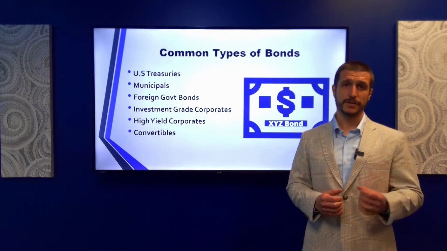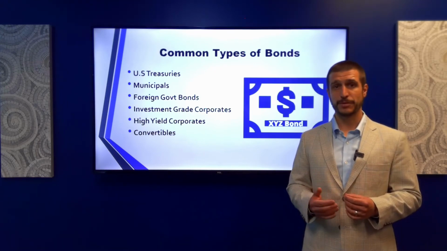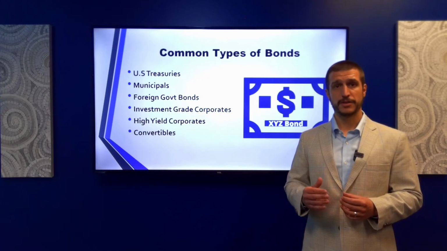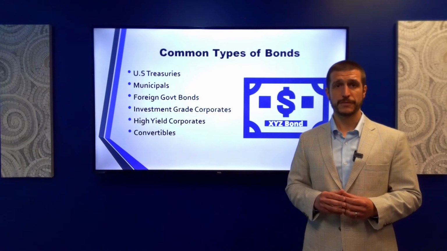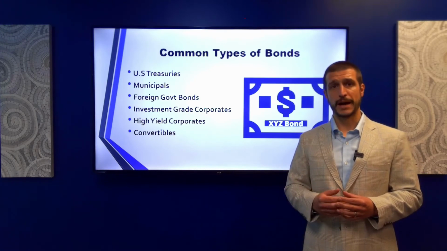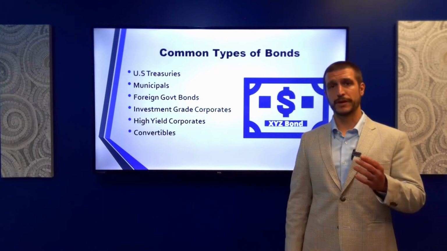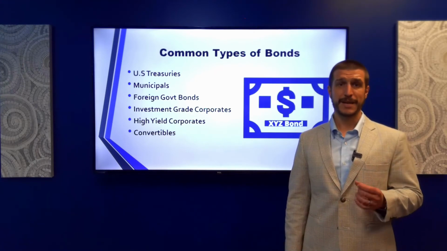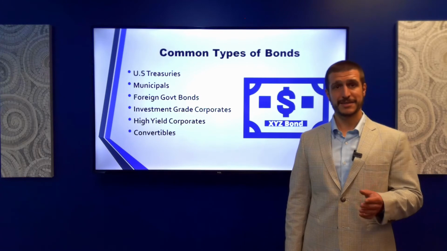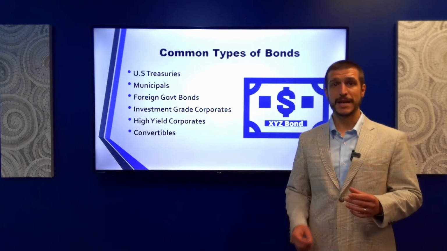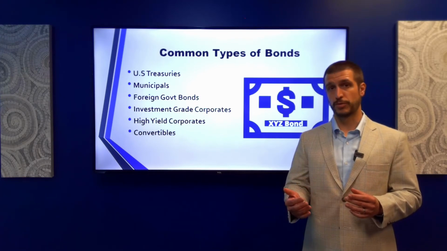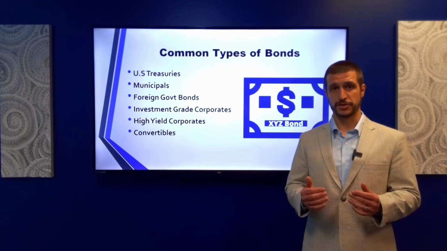So on the investment grade side, these are going to be established blue chip companies, and the bonds themselves are typically structured high within the capital structure. The high yield bonds are going to be riskier in a sense of they're carrying more repayment risk, more credit risk. It may be because the issuer is less established or less stable. It may be because it's a junior or subordinated bond within their structure.